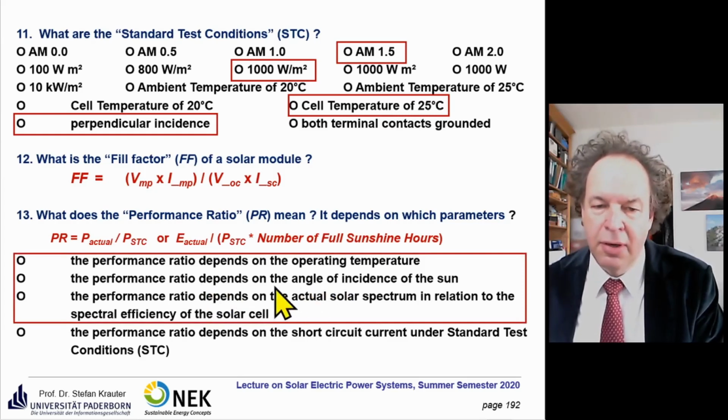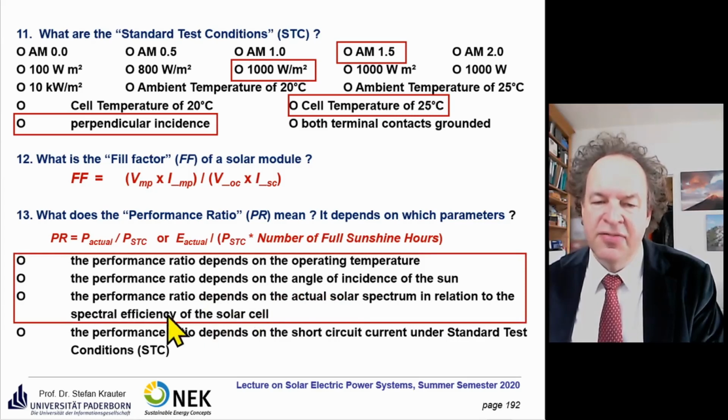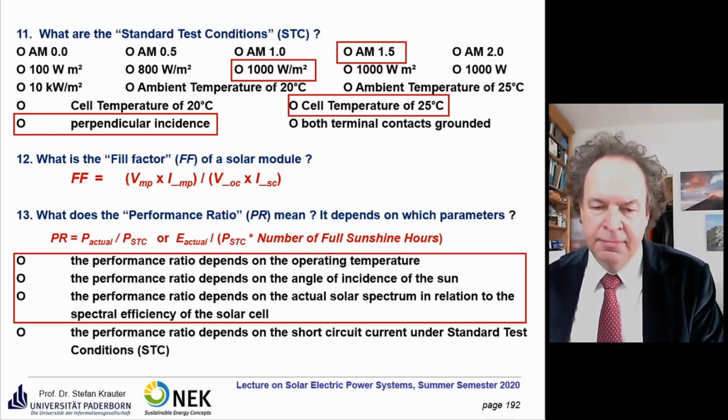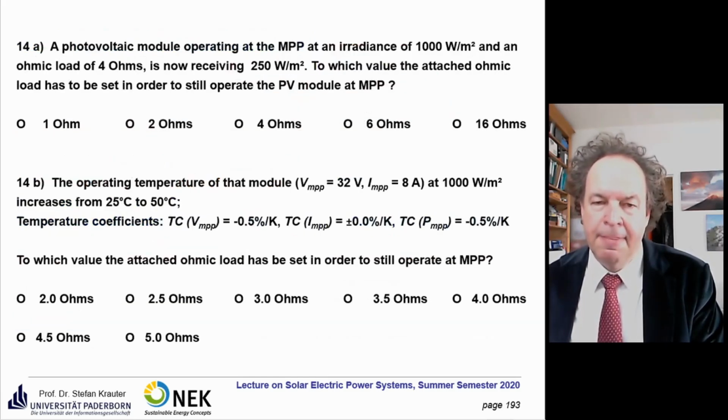The next two are also true: it depends on the angle of incidence of the sun, and on the actual solar spectrum in relation to the spectral efficiency of the solar cell. I just pointed this out also. And yes, the standard test conditions are not relevant here because we want the actual power output.